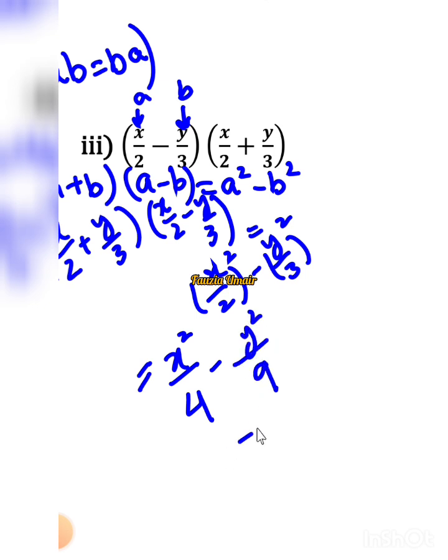So this is your answer. When you put this bracket, that reminds you that you need to take care of all the terms inside the bracket. So please make it a habit that you are putting a bracket while applying the formula.